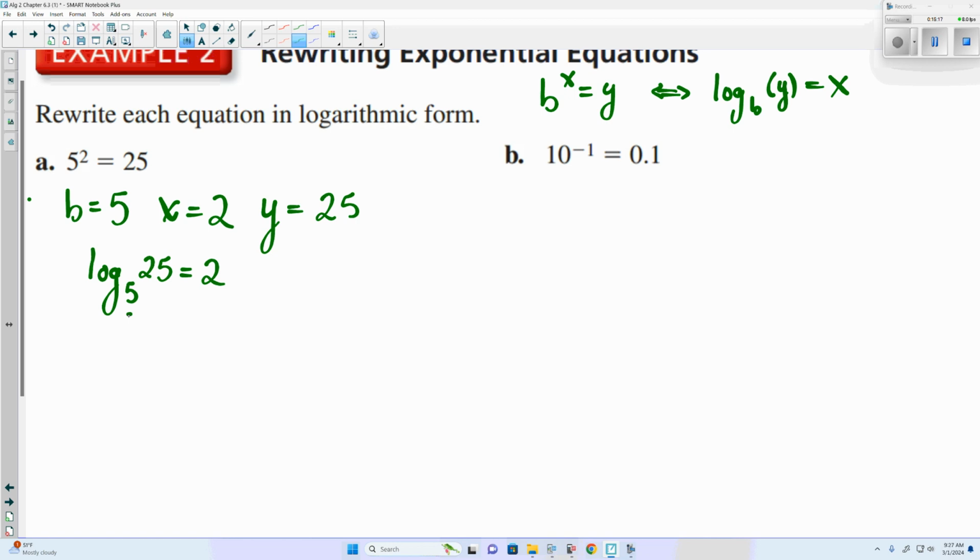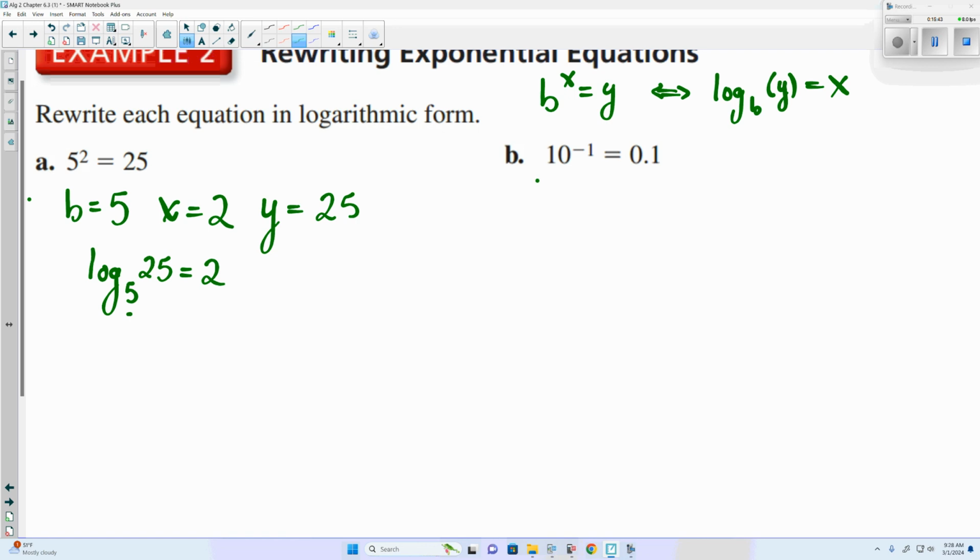There are ways to change the base, and ways to rewrite it using what we call the change of base theorem, so that we can set it to 10. We will learn that theorem, or the formula that goes with it. Questions on how we got log base 5 of 25 equals 2? Let's look at the next one.